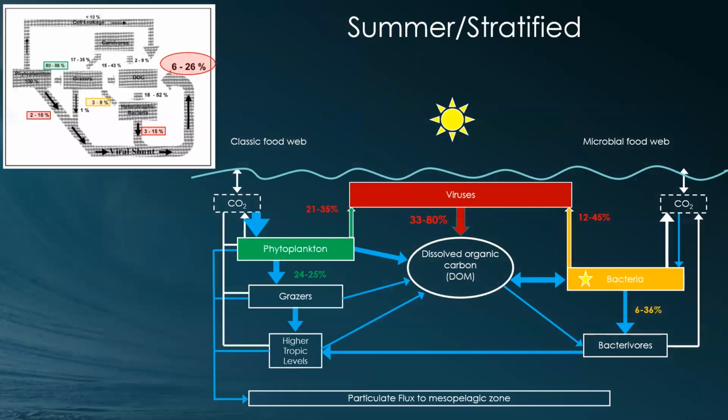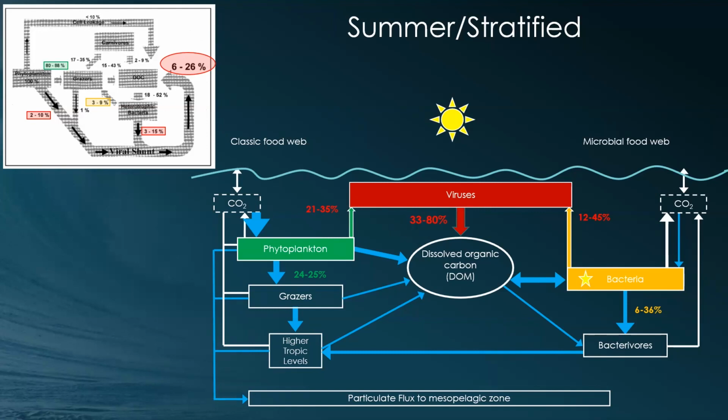Well, if I take that and put what I have, where I have the same rates measured on the same water, which I only have for one cruise during the summer, and we look at that under summer stratification, we see that instead of 80% going to grazers, remember I told you that was the traditional school of thought, we only have 24 to 25% going to grazers and 21 to 35% going to the viruses.